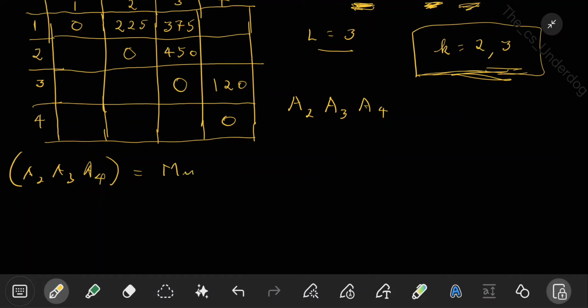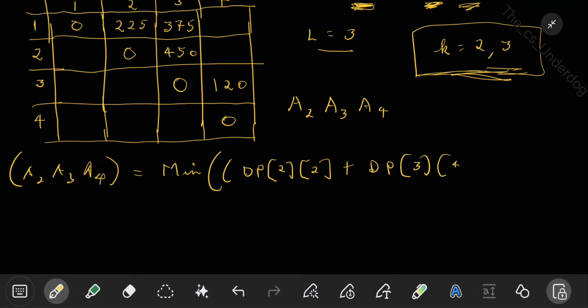So it should be minimum of, what are the possibilities? If k is equal to 2, then the first part will be dp of 2, 2, plus the second part, the remaining, will be dp of 3, 4, plus what should be the total count of scalar multiplications?